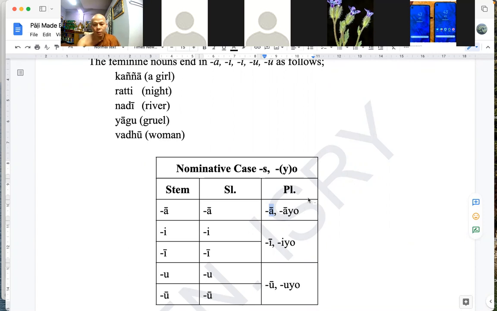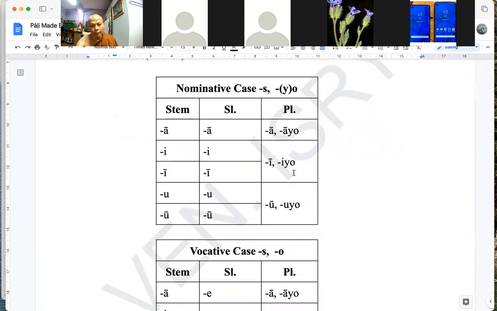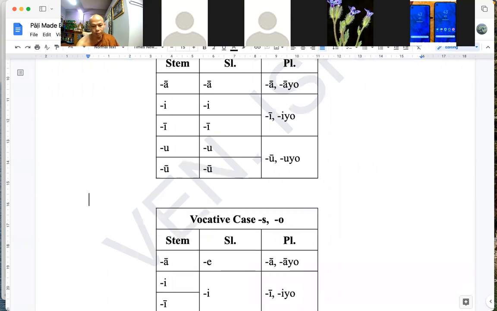And so the other form is, for the Kanya ending in long A, this 'yo' is added. So now, stem is Kanya, singular form also Kanya, and the plural form also Kanya, but the other form is Kanya with 'yo' added.